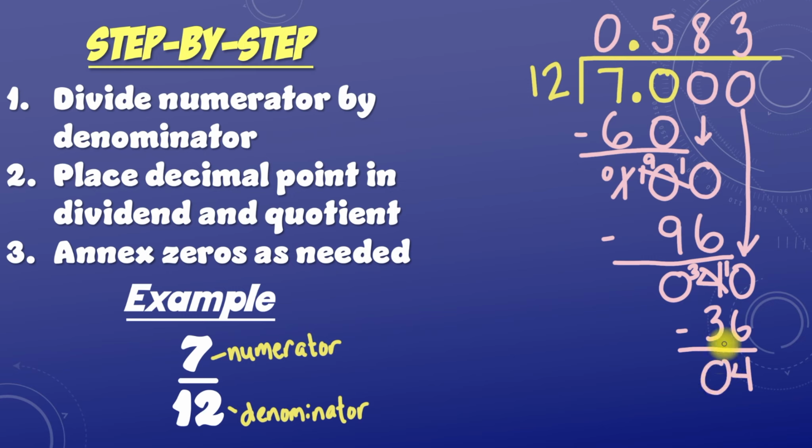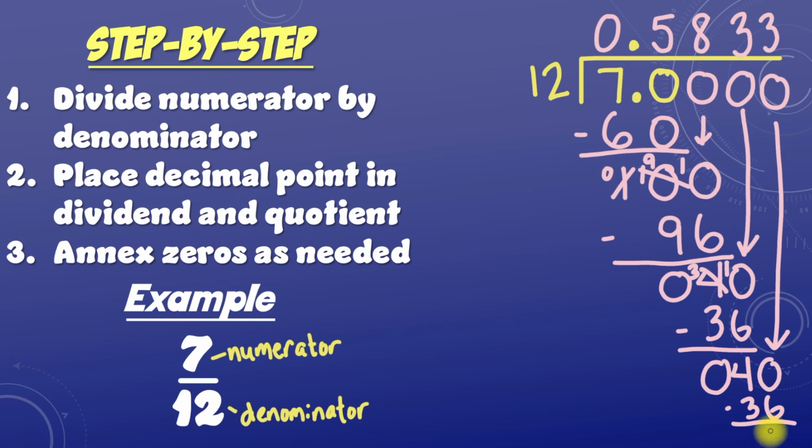This looks familiar because in the last step I had to divide 4 as well. So let's see if that repeats. But before I can do that, I need to annex a 0, bring it down, and repeat the process. And just like last time, how many times can 12 go into 40? That's going to be 3 again, because 3 times 12 is 36.